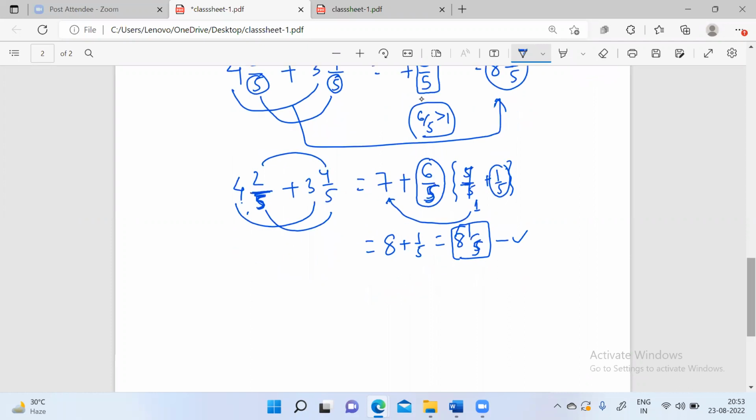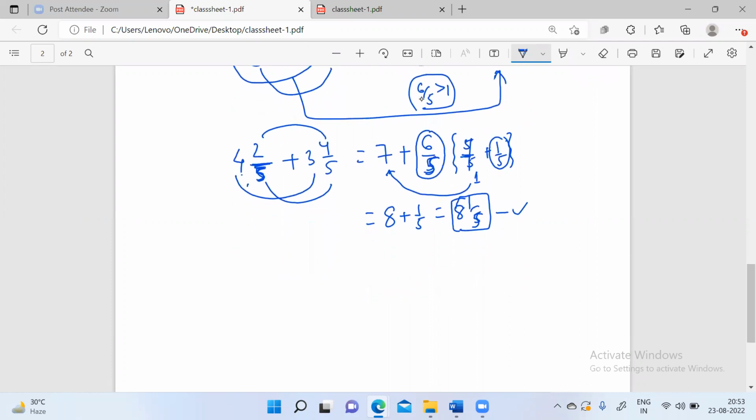Sir, repeat once quickly. Okay, I'm repeating with a different example. Let's say you are told to add 3 4/7 plus 2 5/7. So just remember, this is 3 and 4/7, and this number is 2 and 5/7.